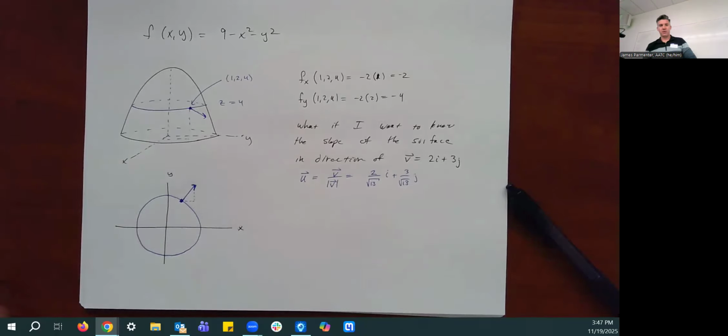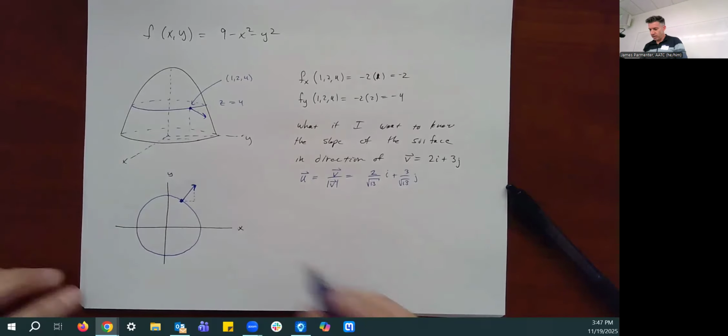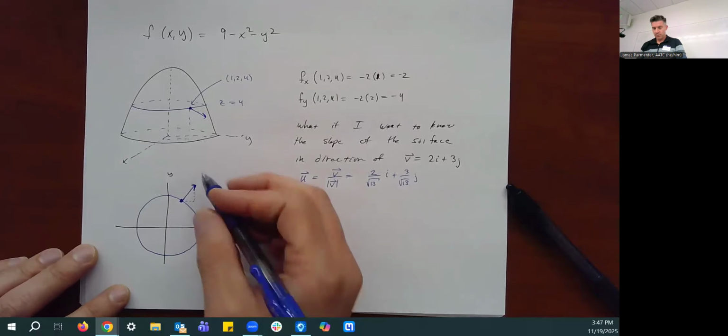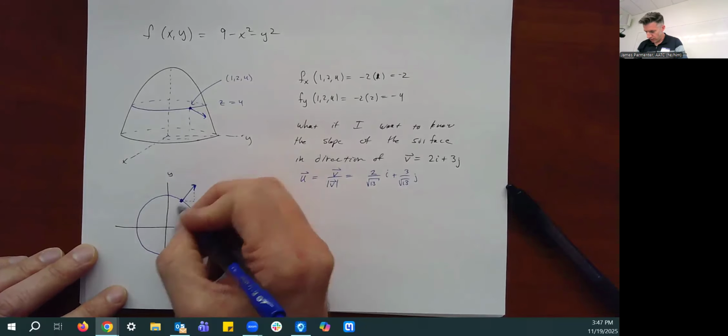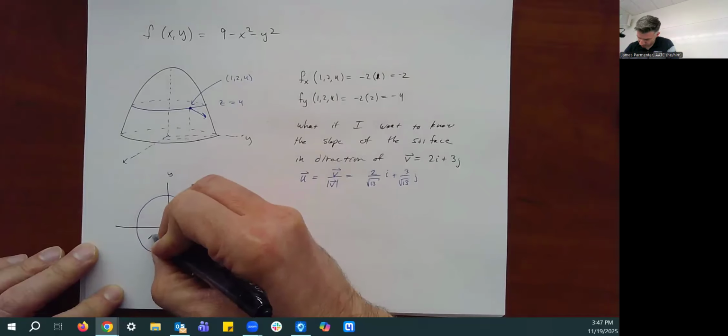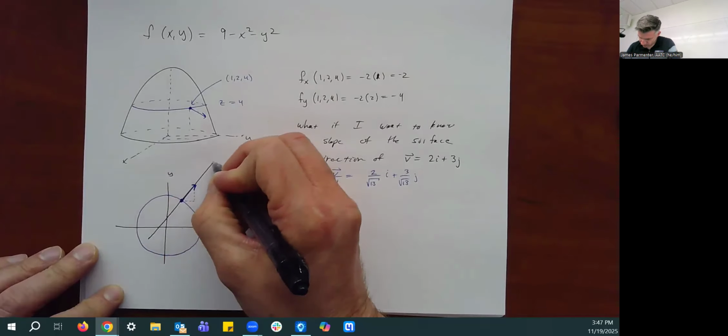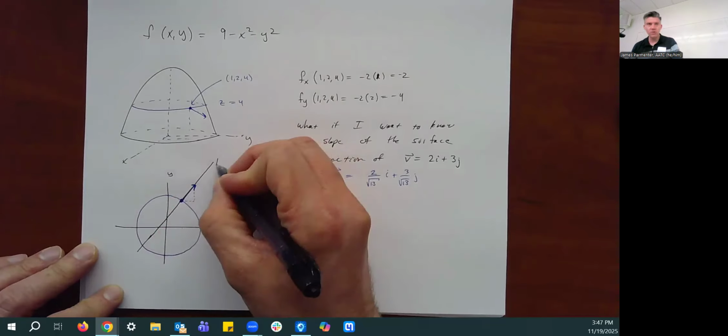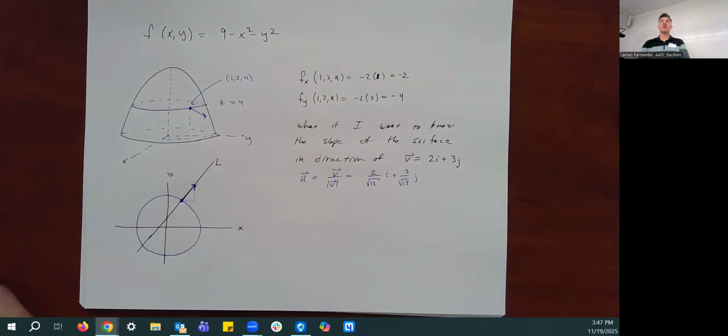Okay, so two things we need. We need maybe just one thing. We need the equation of this line that goes through this point and this vector here. Luckily, we know how to do this. We know how to find the equation of a line parametrically given a point and a direction.